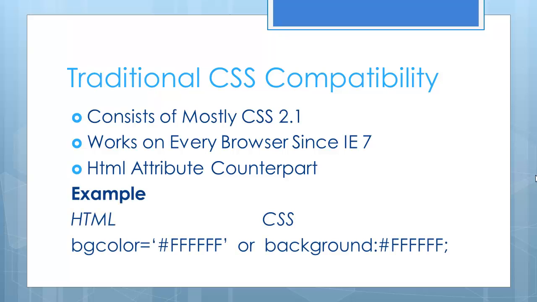For example, the HTML attribute for background color is bgcolor. Well, CSS is just background, and then instead of having an equal and then quotes or single quotes around your attribute value, you have a colon and a semicolon.